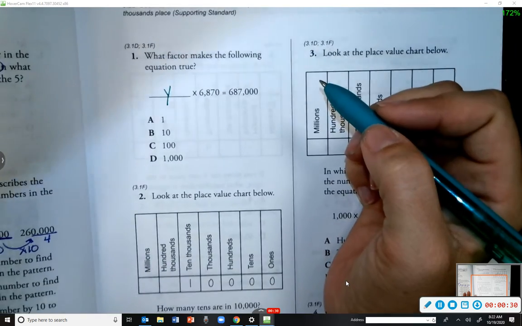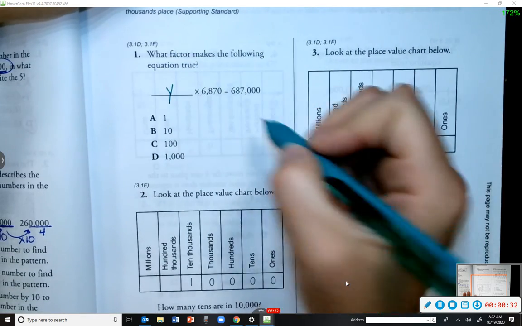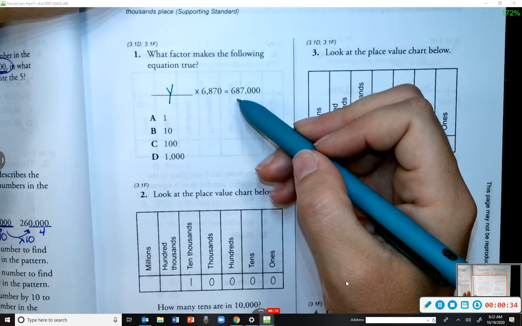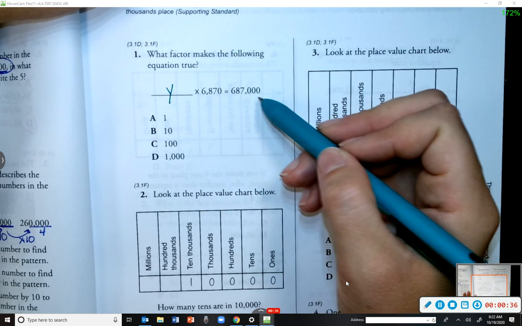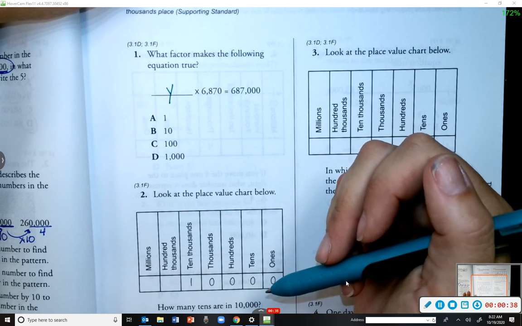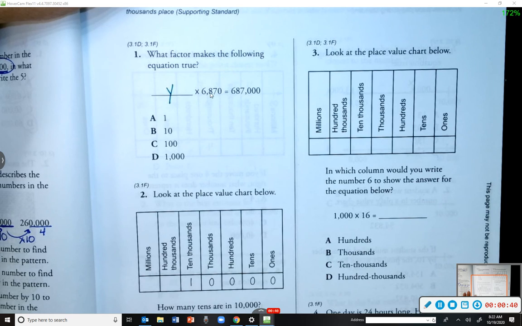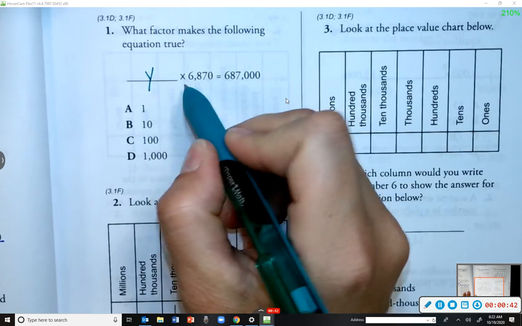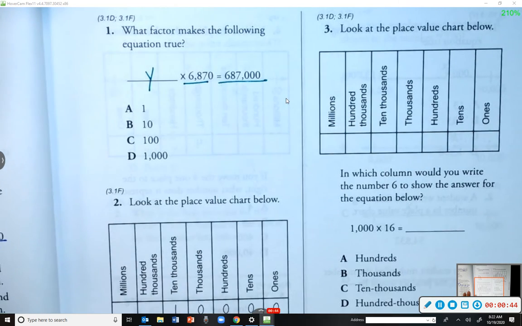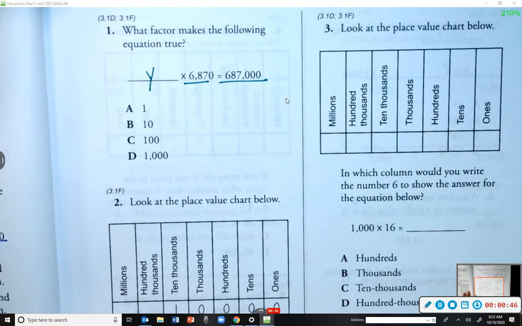What number times 6,870 would equal 687,000? Okay, what do you notice between these two numbers? Here and here. Do they look kind of the same? Yes. What do they have different?